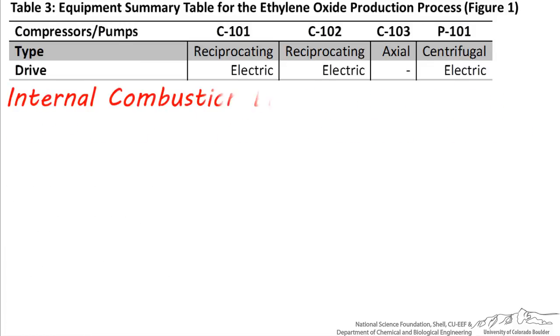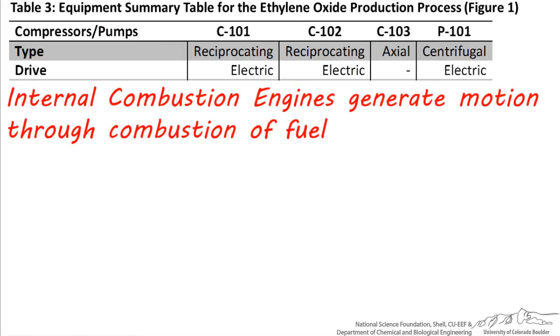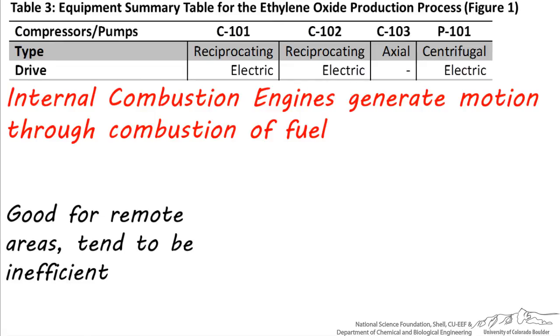Lastly, internal combustion engines combine a fuel, such as diesel or gasoline, with air and compress the mixture, then combust it, usually in a piston and cylinder system. Internal combustion engines are sometimes used to run pumps or compressors in remote areas or where availability of electricity is intermittent. The disadvantage of using them is that they tend to be very inefficient since a lot of energy is lost to heat and the fuel source always needs to be replenished.